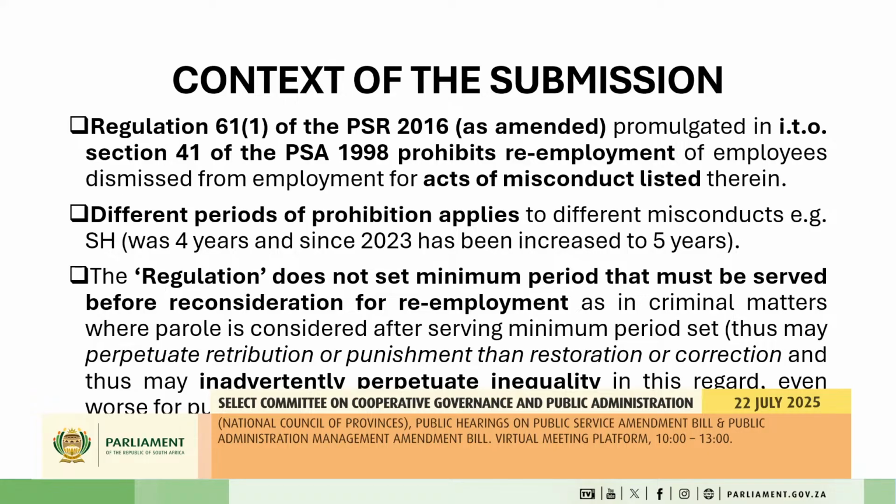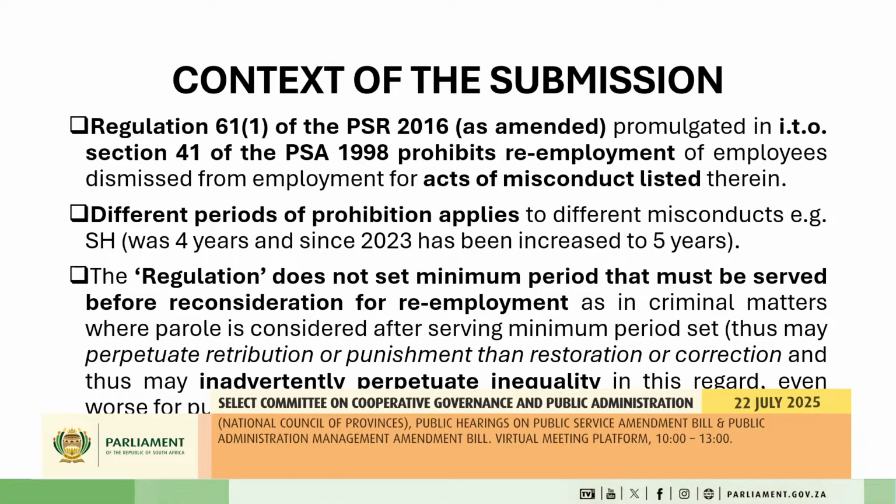It was 4 years as a prohibition from re-employment by then. But since 2023, due to the amendments, I've noted that the regulation has increased the prohibition from re-employment in the public service to 5 years.